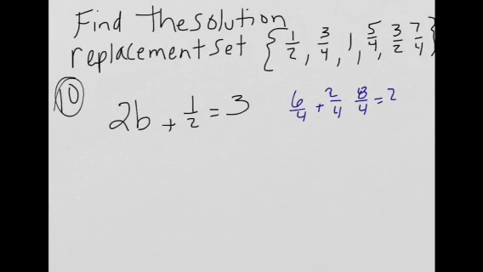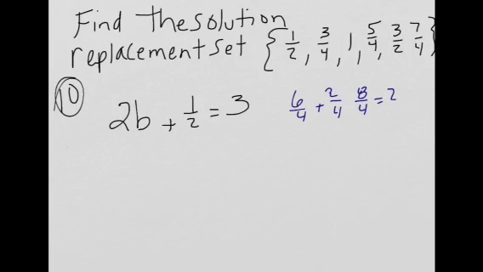So if we put a 1 in there, 2 times 1 is 2 plus a half is 3, so that doesn't work.